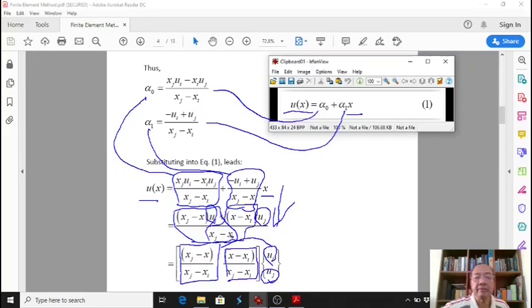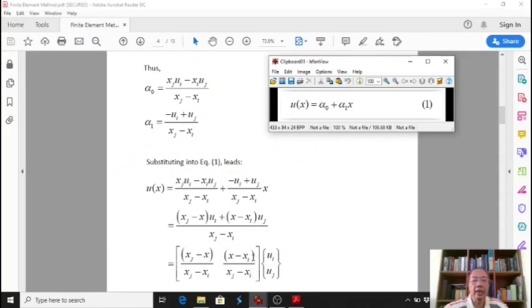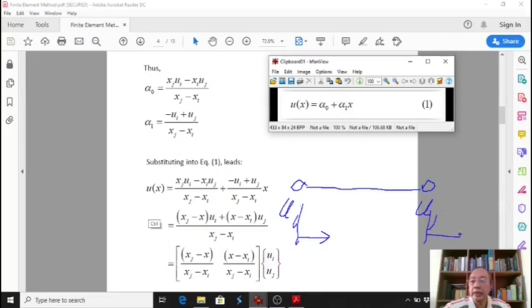So this vector is multiplied to uj. So we found ux now. This element, this is ui, and this is uj.